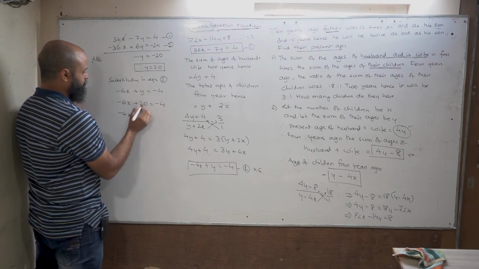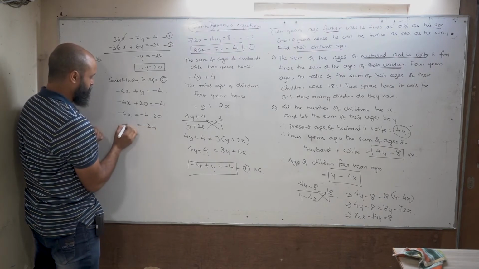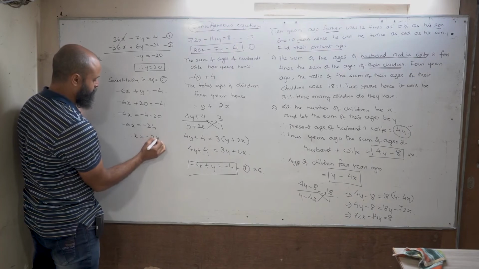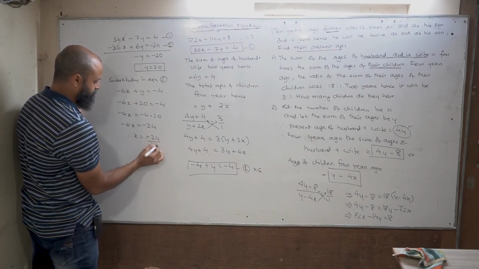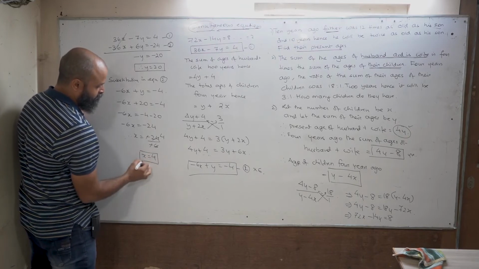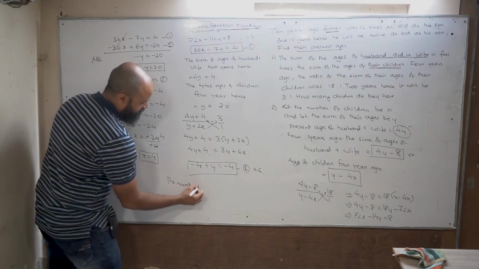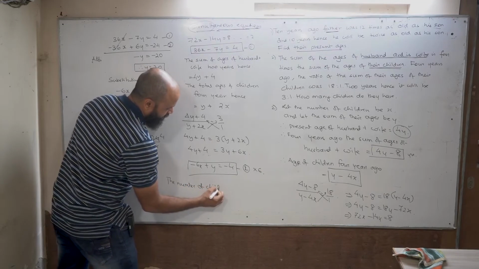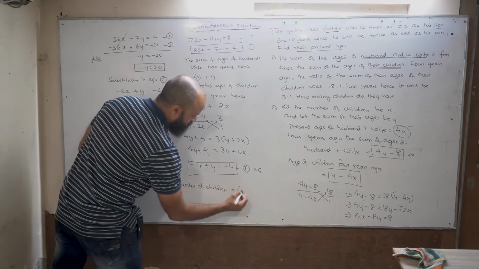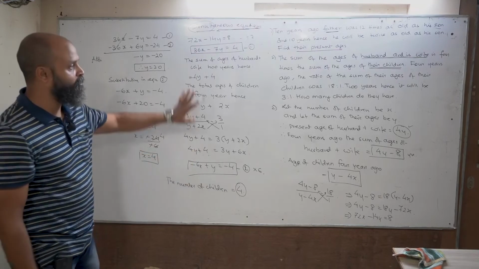Minus 6x is minus 4 minus 20, that's going to give you minus 24. So x is minus 24 by minus 6. This is x is equal to 4. So it's basically the number of children they have will be equal to 4. Pretty big family. Alright, so the number of children they have will be 4.